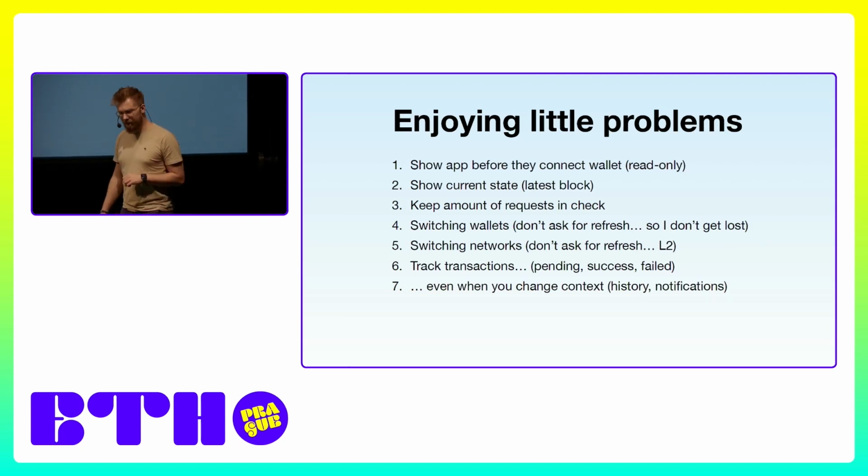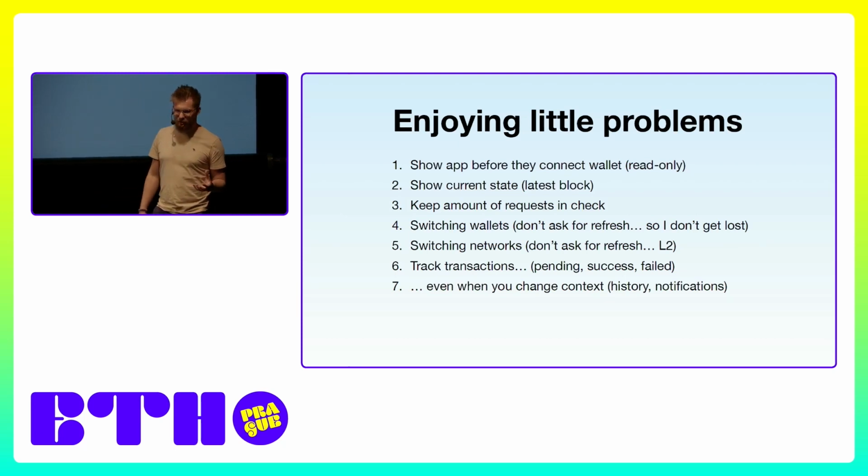Also, we need to always show the fresh state of the app. The state of the app changes each block, so it's like 15 seconds or even faster. And our app needs to follow that, needs to update everything all the time, while at the same time we need to keep the number of requests in check, right?